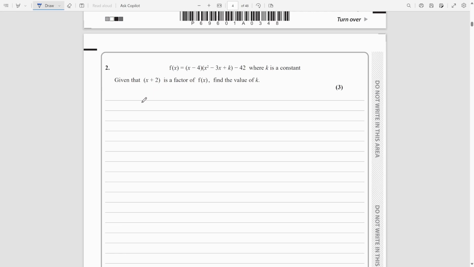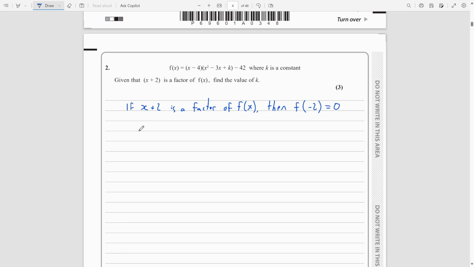So by the factor theorem, we know that if x plus 2 is a factor of f of x, then f of -2 will equal 0.